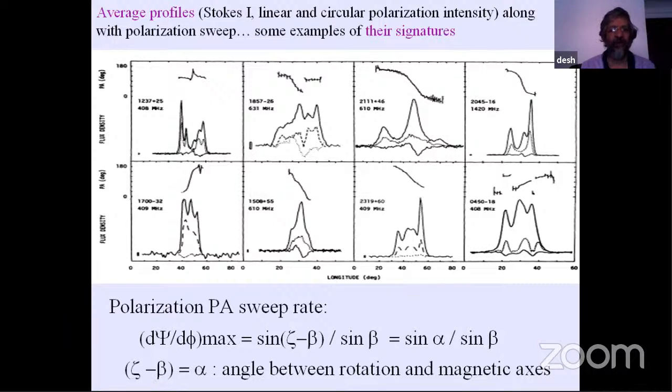Similar studies have been done predominantly by Joanna Rankin, who analyzed these profiles in terms of components and has a hypothesis of a nested cone structure of the emission region.